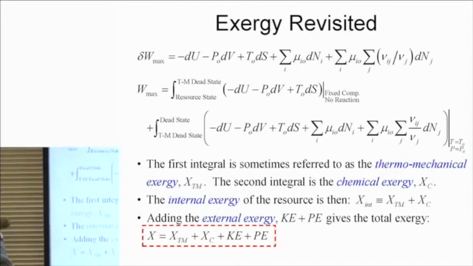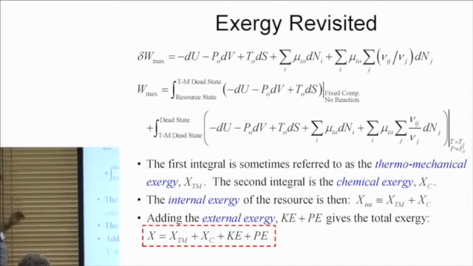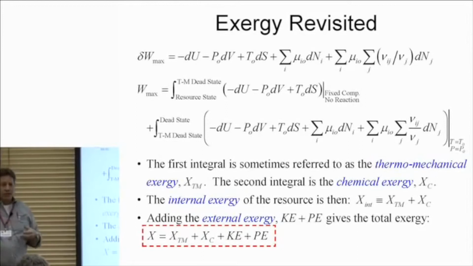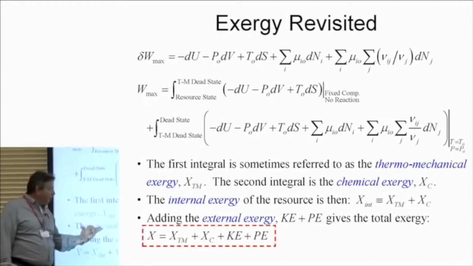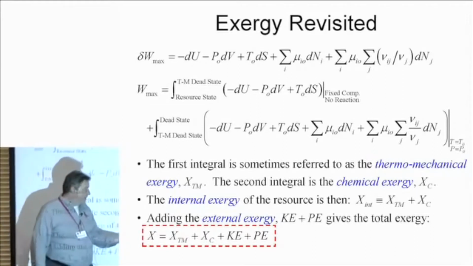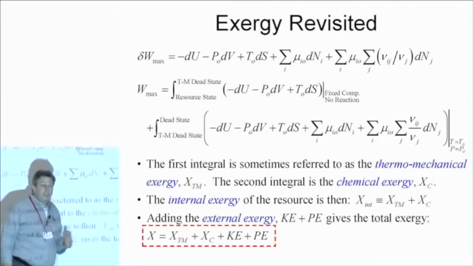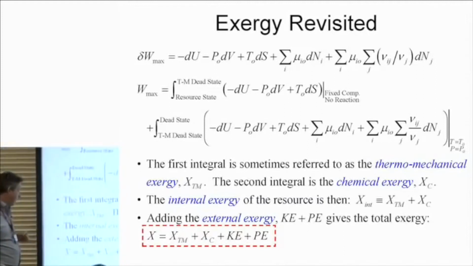Okay. So thermomechanical exergy X. Nobody agrees on what to use for the symbols for exergy, so I tend to use X. It's the most generic thing you can think of for exergy. So we'll have a thermomechanical and a chemical part, and the internal exergy of the system will then be the sum of the two. So it was an artificial separation due to the integration path.